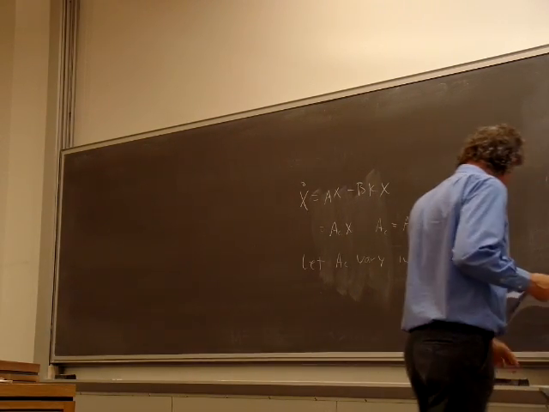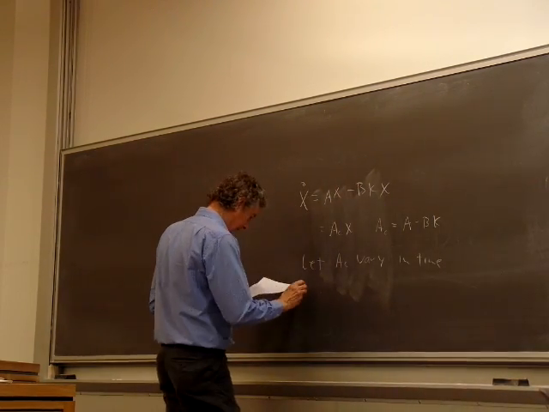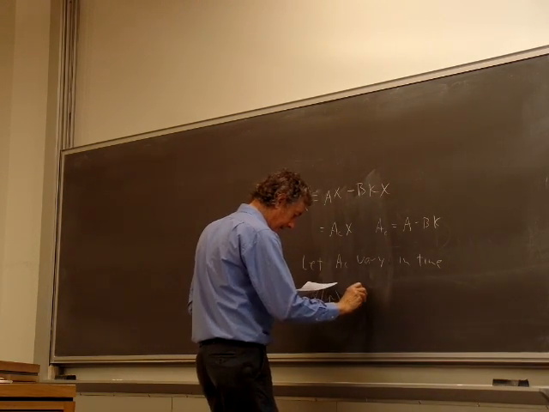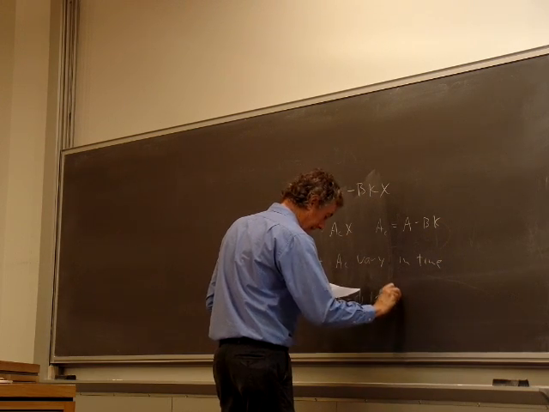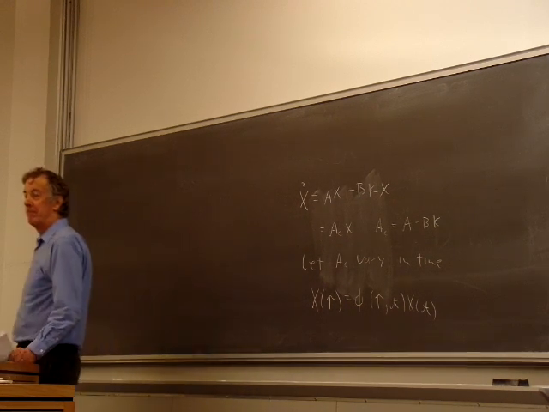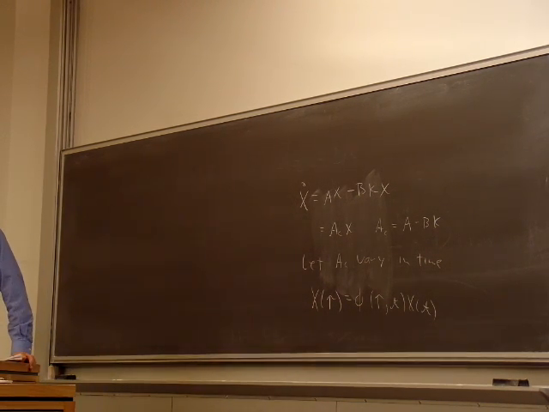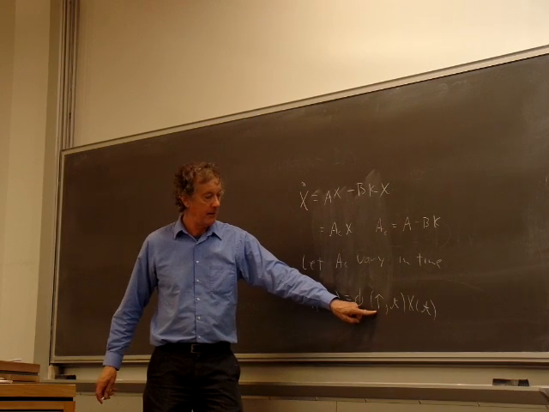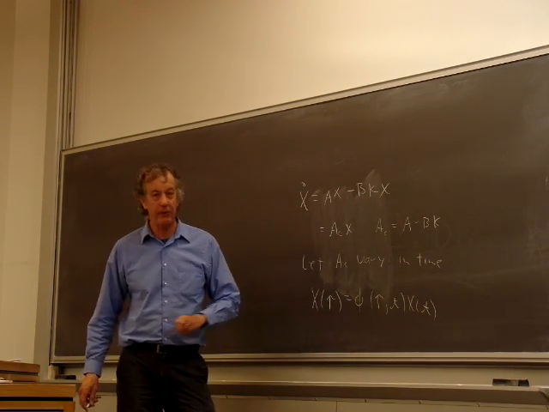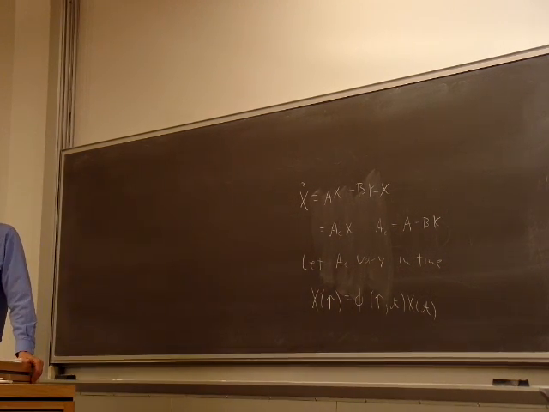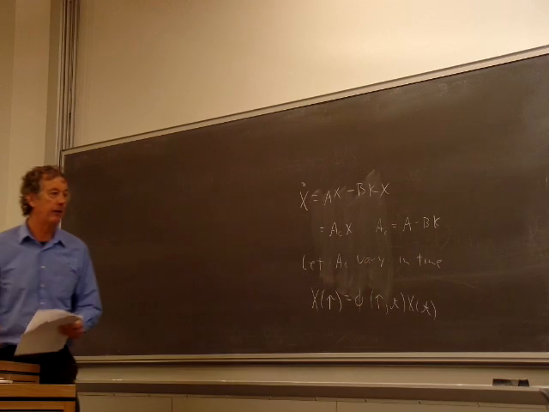Well, let's also remember, what's phi? The initial state, or state at some time t, times this phi equals the state at some other time tau. Phi is the state transition matrix.